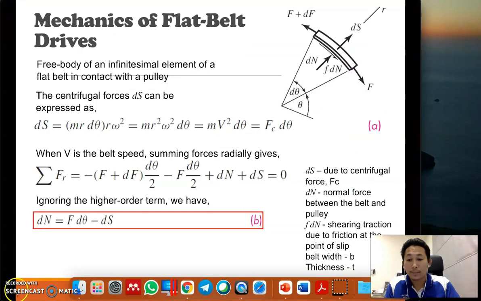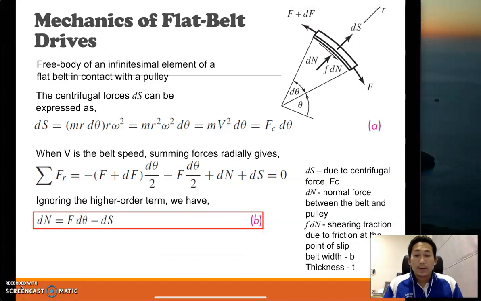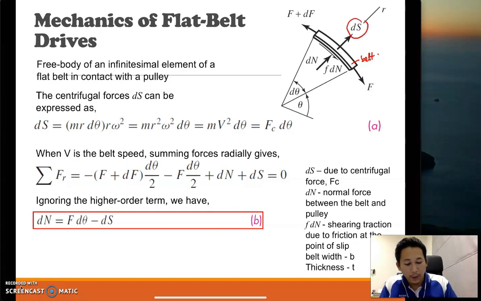We'll continue with the mechanics of flat belt drives. From the free body diagram of an infinitesimal element of a flat belt in contact with a pulley, so this is the belt, the centrifugal force dS can be expressed as m r d theta r omega square, so this is Fc d theta for centrifugal.